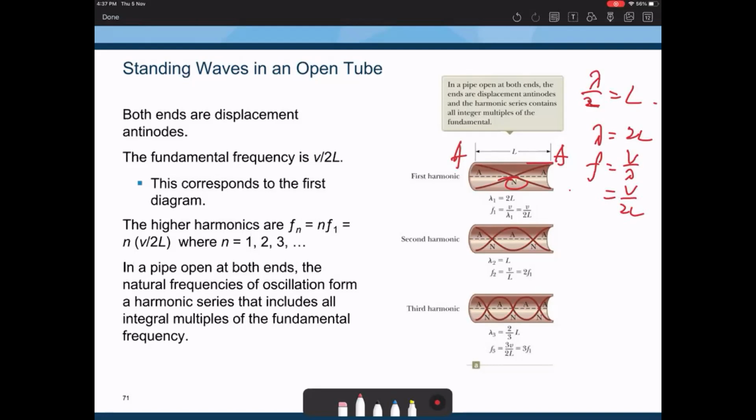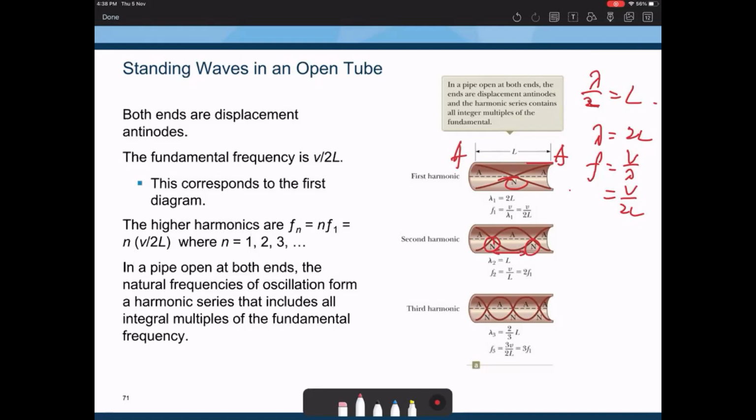What about the next simplest scenario? The next simplest scenario is to have two nodes in the middle of the tube. In order to have two nodes in the middle of the tube and support a standing wave, once again, the distance between adjacent node and antinode is lambda over 4, and the distance between adjacent nodes would be lambda over 2.